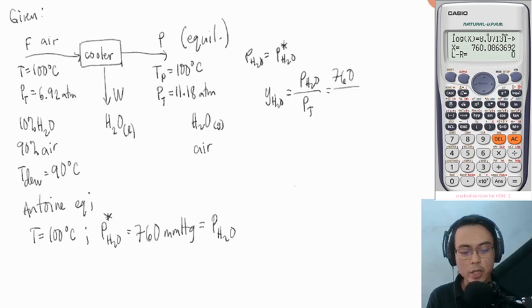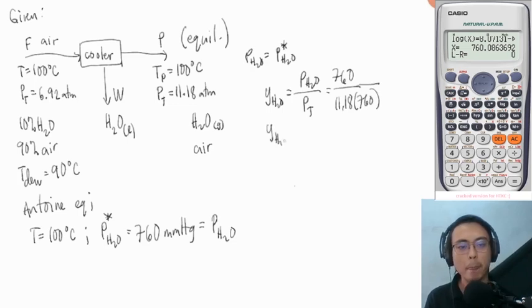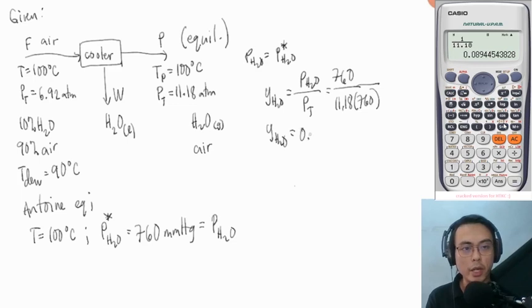Total pressure is 11.18 times 760 for conversion. So 760 cancels, so this becomes 1 over 11.18, which is 0.0894. That's the mole fraction of water.